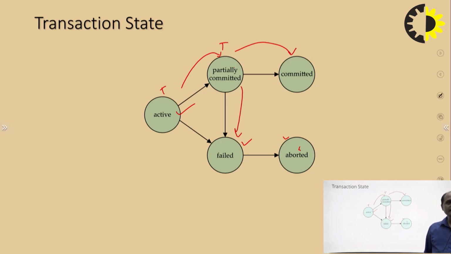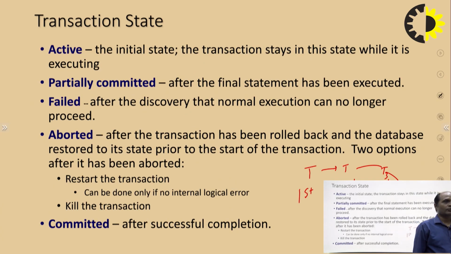After the failed state, it goes to the aborted state. What do you mean by aborted? After the transaction has been rolled back and the database restored to its prior state, there are two types of operations that can be done in aborted.